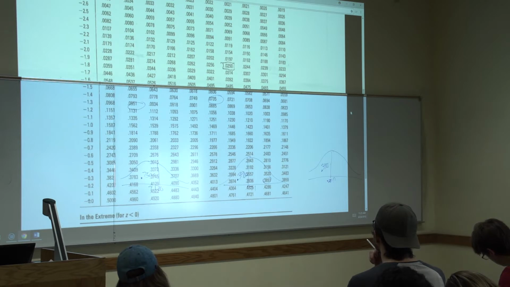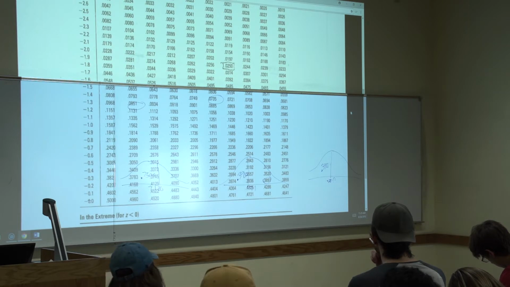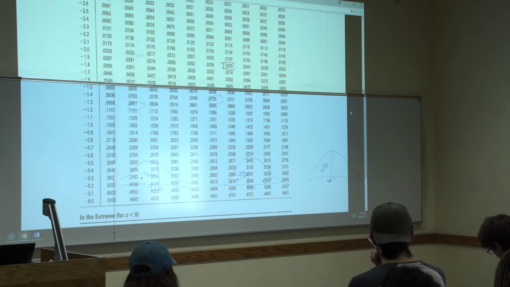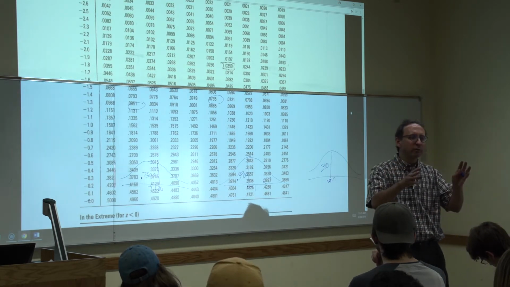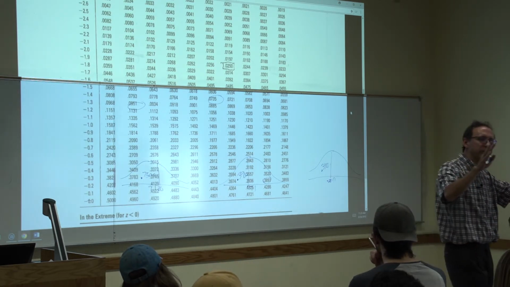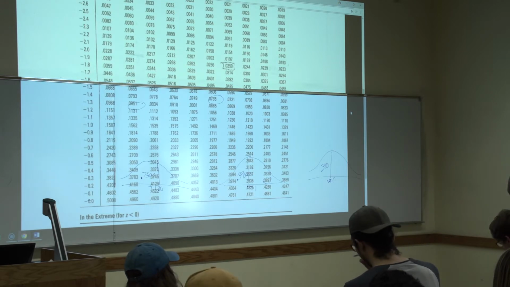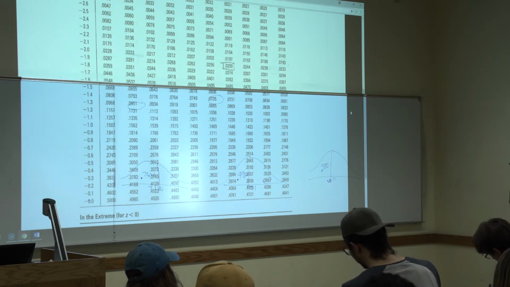Does that make sense so far? Let's take a breather here. Are we doing okay? So regardless of what the numbers on your x-axis are, you can always look up the probability in the body of the table, because any normal distribution we're working with, we can convert to our standard normal distribution.